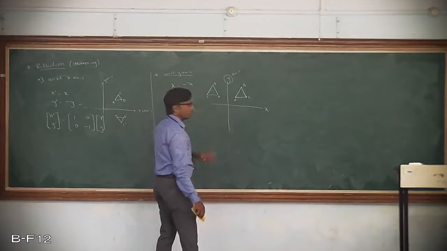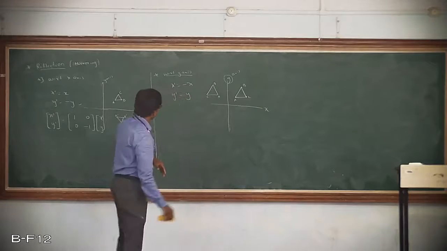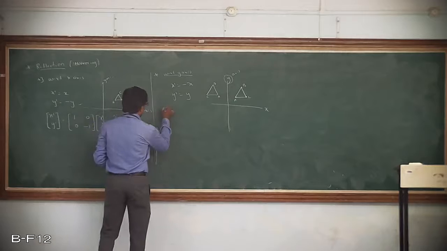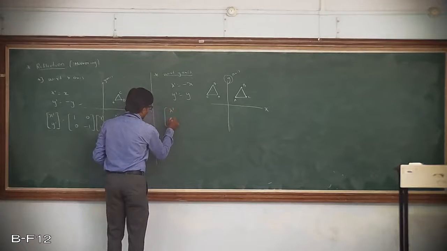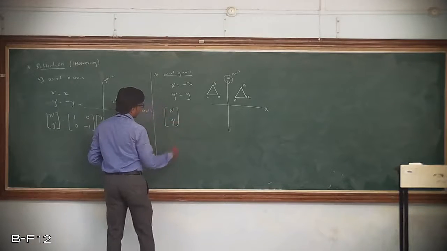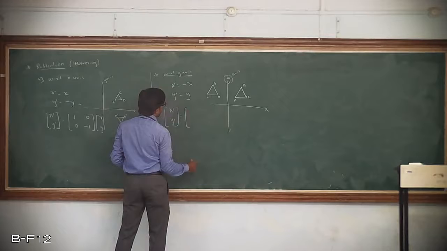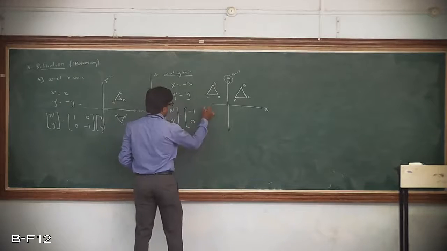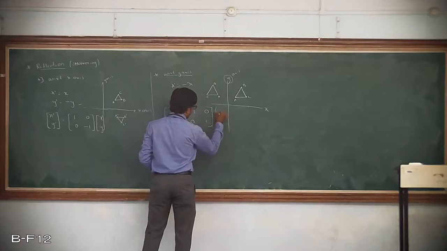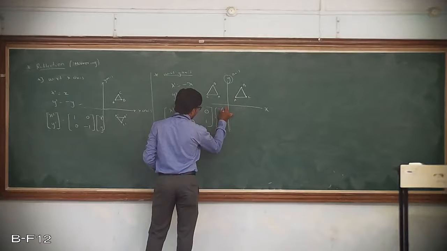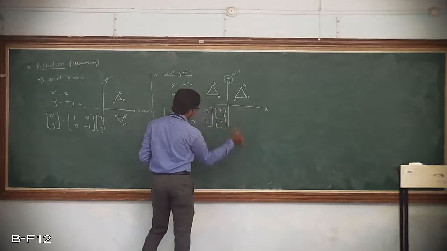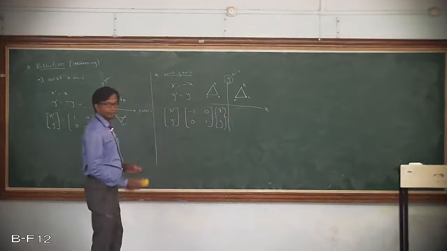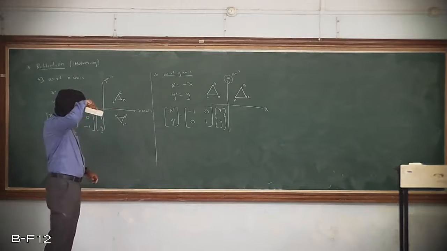Y dash will be equal to y. Okay. So if I want to write it in a matrix form, x dash y dash, what will we write? Minus 1 0 0 1, times x y. Is it clear?